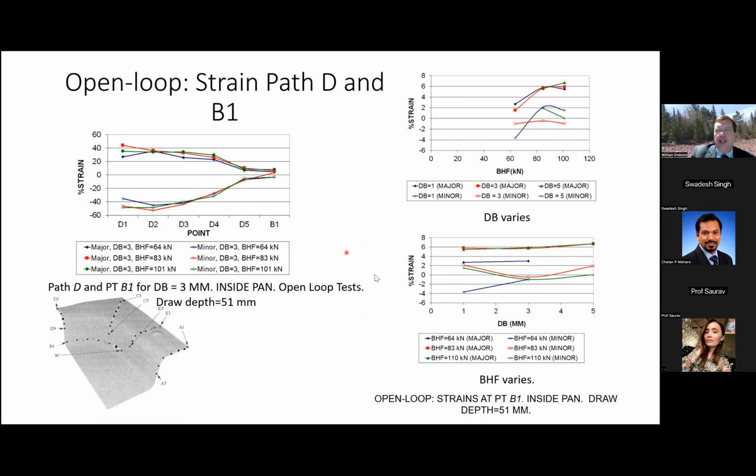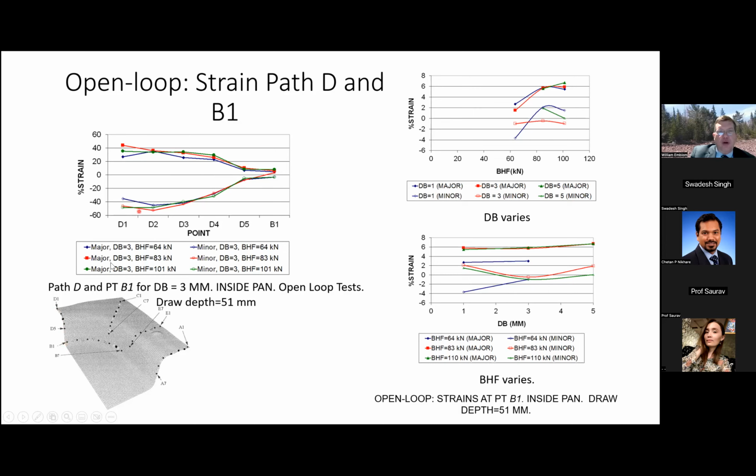So the other location that was really of interest to us were the die ends along path B in particular, because all the failures, all the tearing always occurred right along path B. So we can see that another useful strain path would be path D, which intersects path point B1.